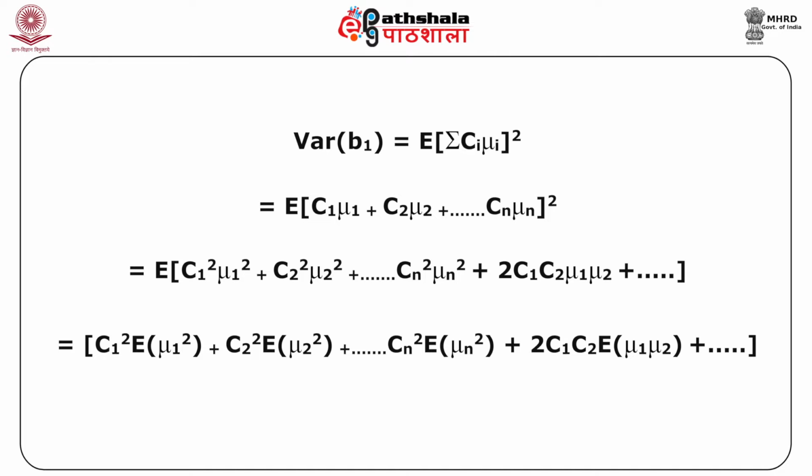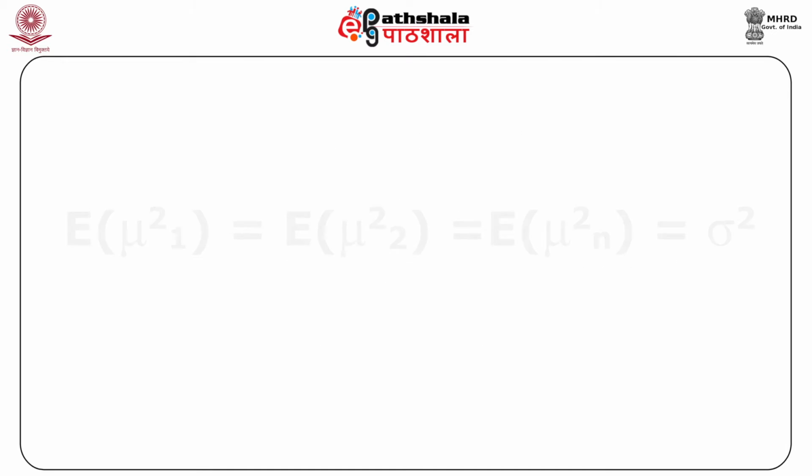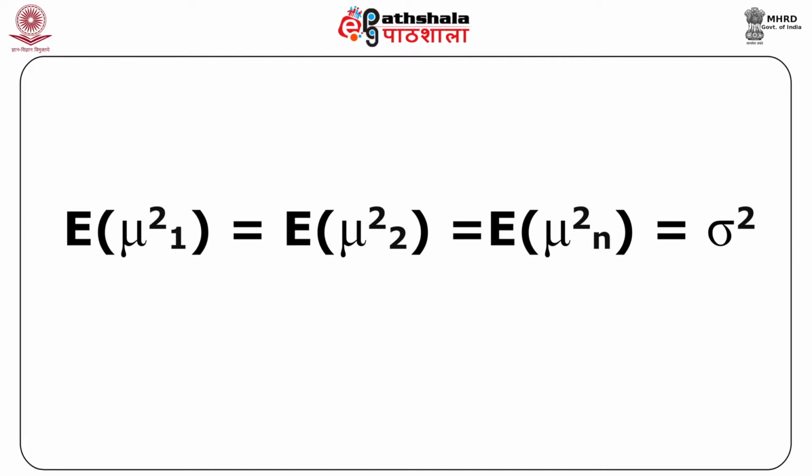As expectation mu1 mu2 is equal to 0, as per assumption of no autocorrelation among error terms. Also, expectation mu1 square is equal to expectation mu2 square is equal to expectation mu(n) square is equal to sigma square as per the assumption of homoscedasticity.